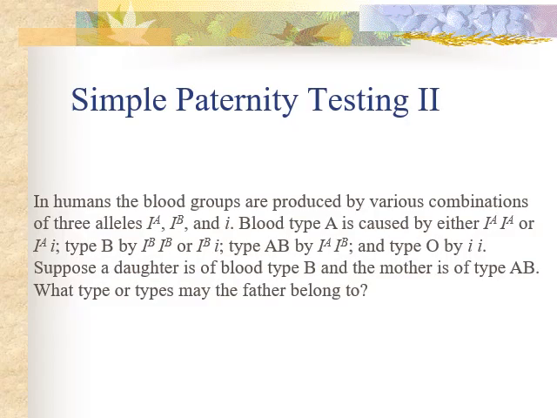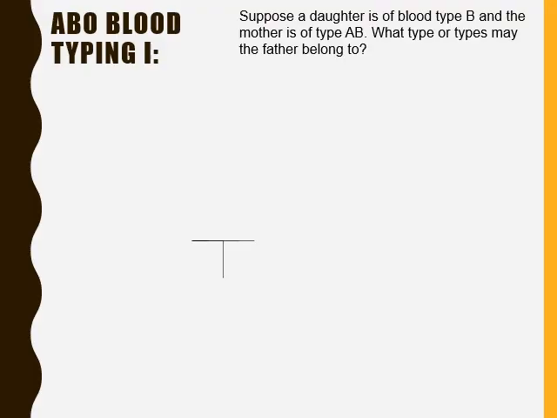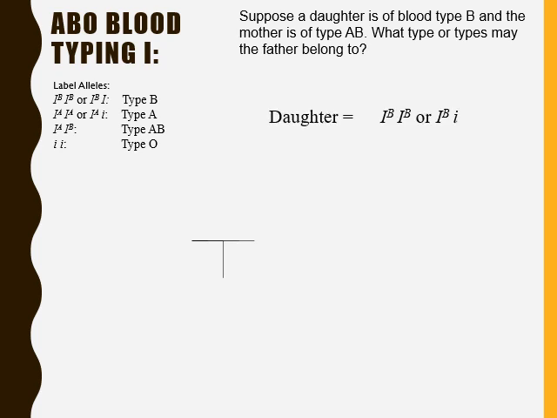Try another one. In this case, we have a daughter's blood type B and the mother's type AB. A little bit harder. So we got our first step, which is to label all of our alleles. Our next step is to record what the daughter is. The daughter is type B, which means she could be IB IB, or IB little i. The mother is AB for sure.